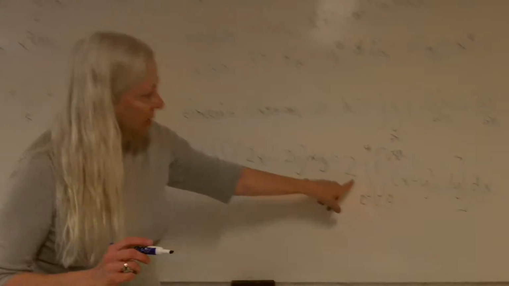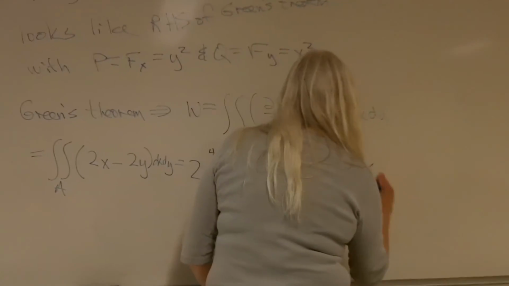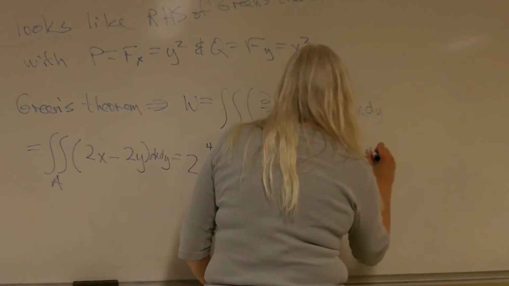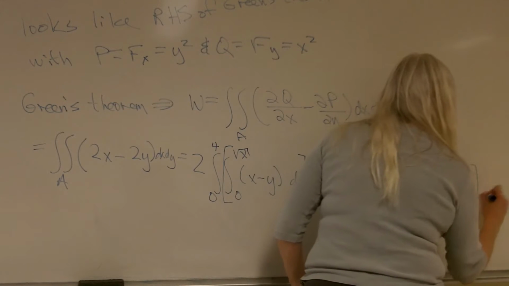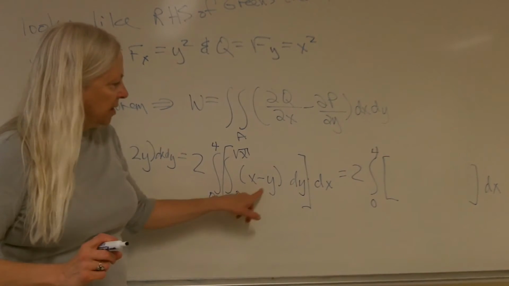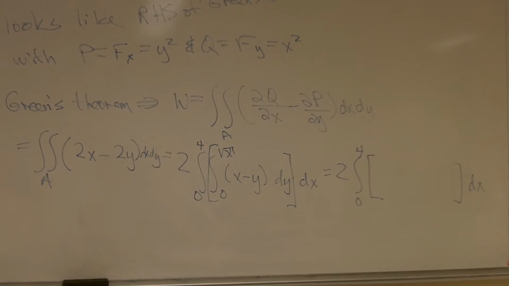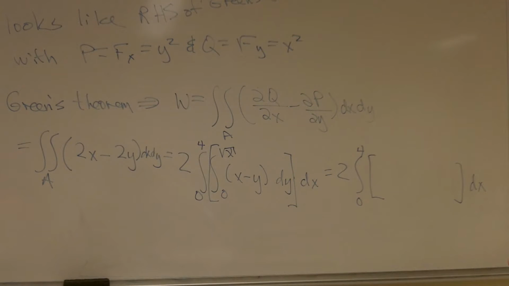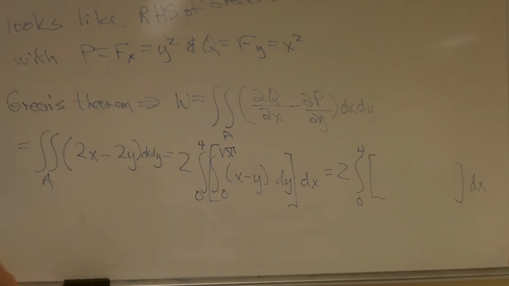Okay, so anyway, let's do this inside integral then. All right, we've still got a square root of 2 and a 0 to 4 and a whole dx from the outside integral. The inside integral, since we've got a function of 2 variables, something that depends on both x and y, the usual thing when I integrate over y is to treat x as if it's a constant.